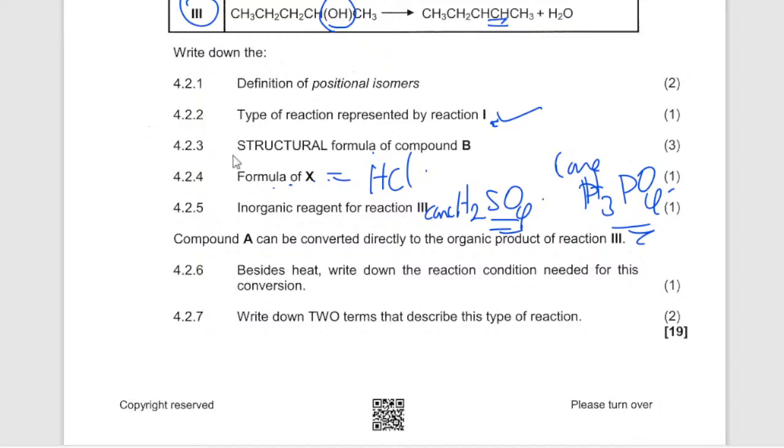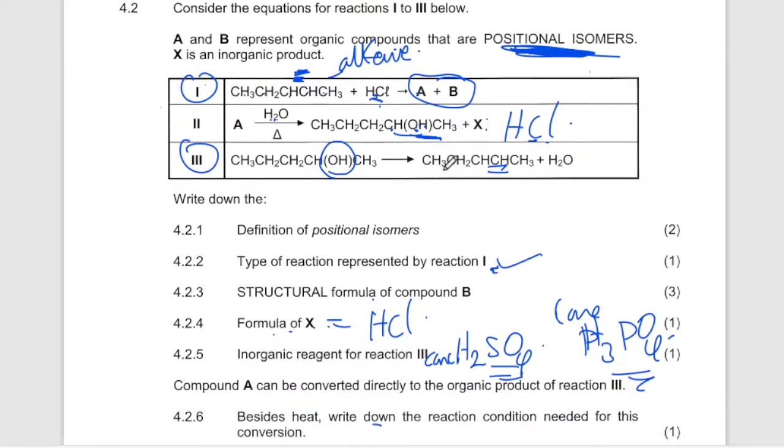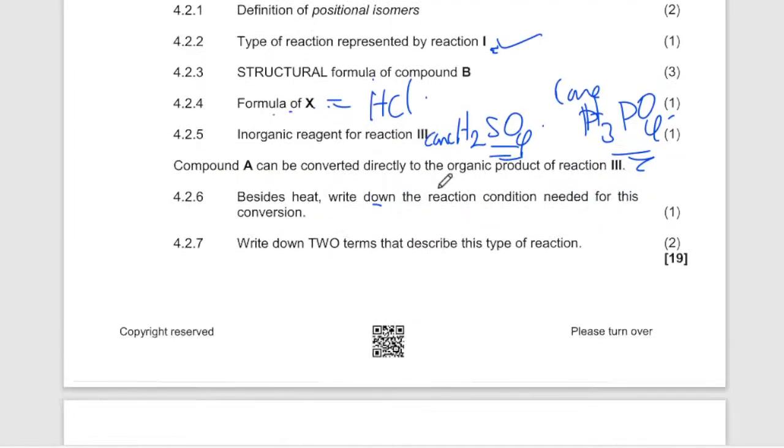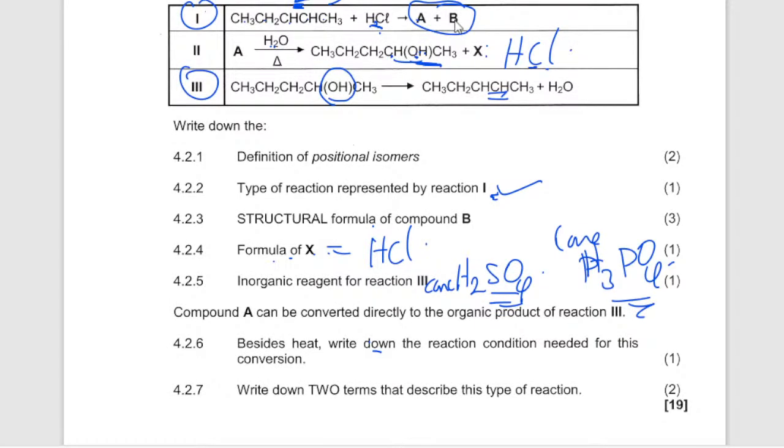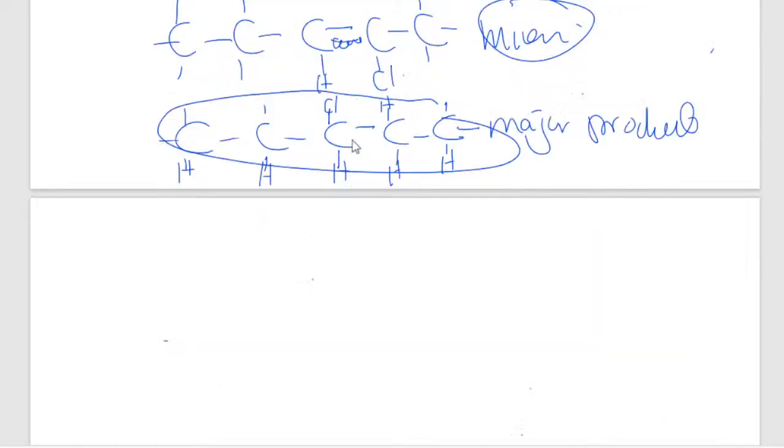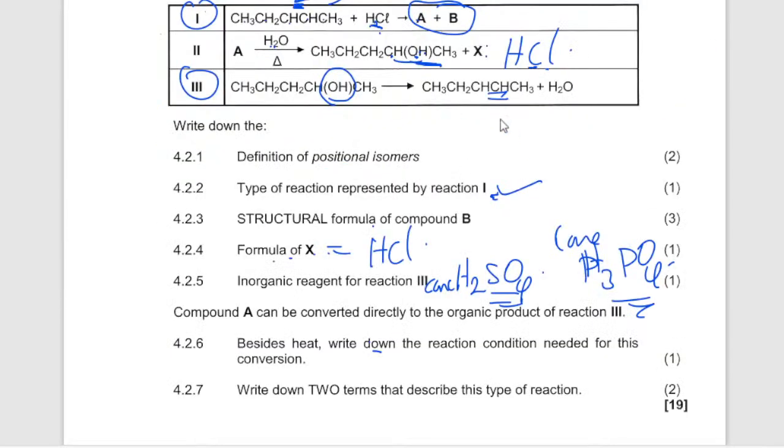Then we go to the next question. Beside heat, write down the reaction condition needed for this conversion. Compound A, let's go back to compound A. Compound A can be converted directly to compound E. From here, from hydrogen halide, directly to alkene.